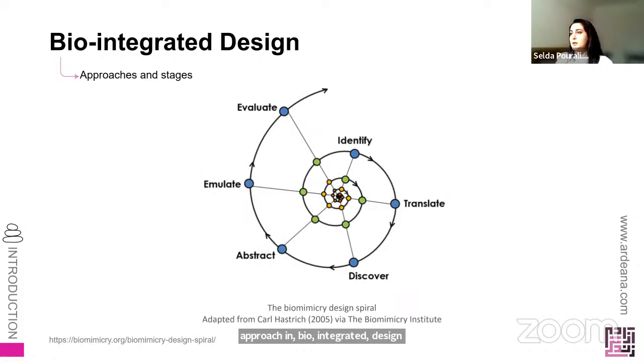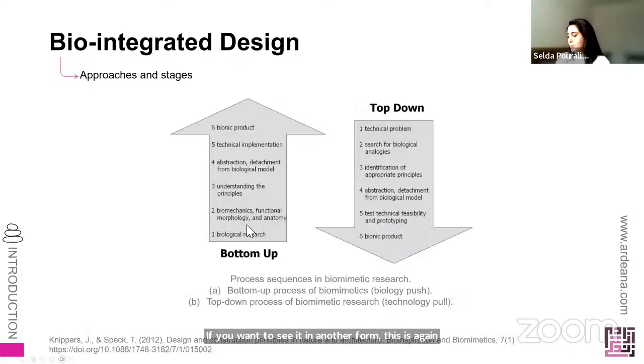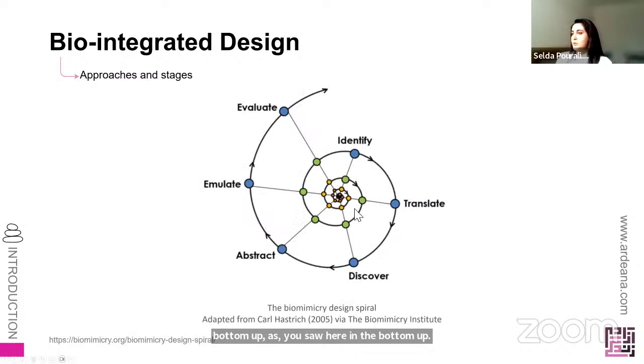If we want to see it in another form, this is again bottom up, as you saw here. This is the same thing, but showing how the process basically goes. We have the identification of that natural phenomenon, and then we translate it to our own problem, and then we discover how we can interact with this phenomenon according to our own problem.